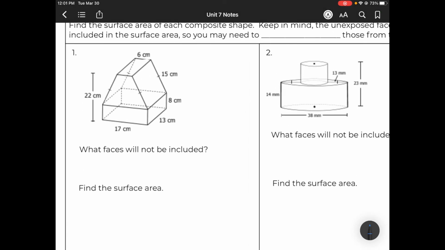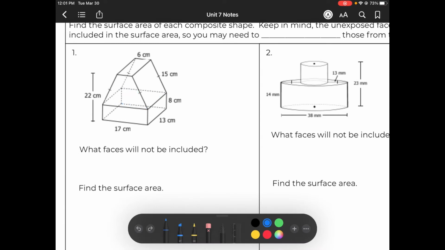Now, the trick with this one is when I stick these together, there are certain surfaces that are no longer a part of what I include in my surface area. Anything that's covered up, like if I wanted to coat this in paint, I wouldn't paint this rectangle here because it's covered up between the two figures.